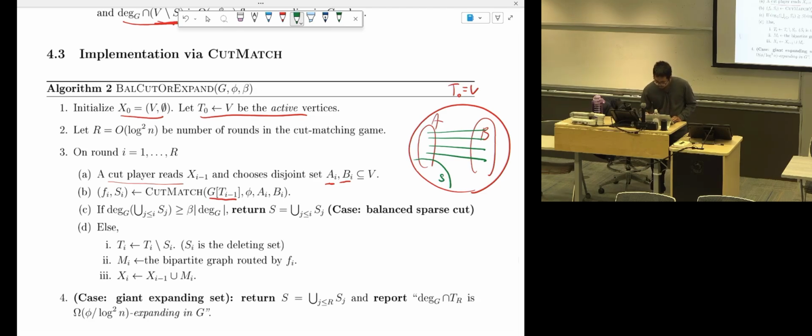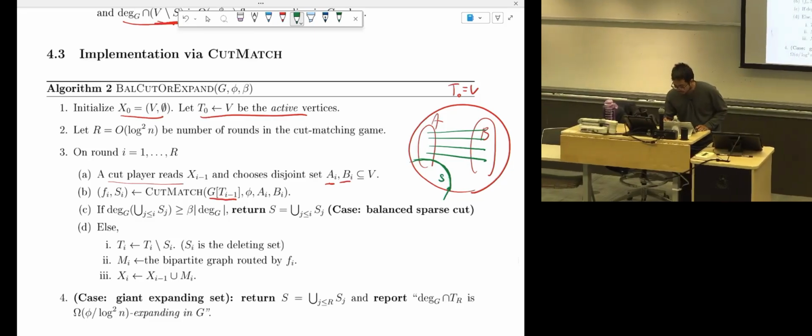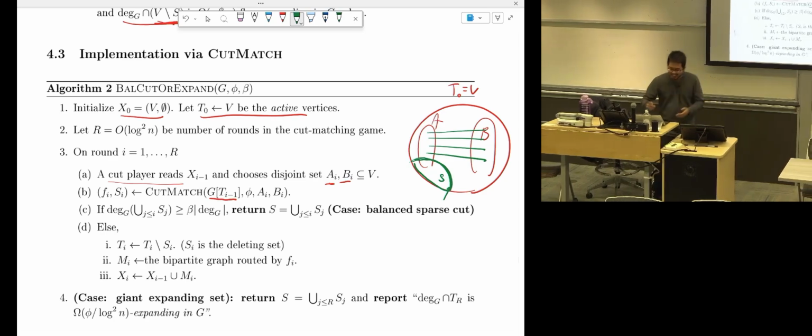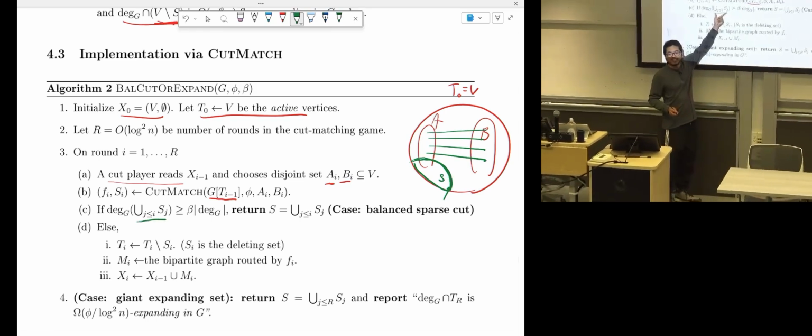This is going to be sparse, right? This is a sparse cut, but this cut might not be balanced. So we basically collect this sparse cut, and we look at the collection of our sparse cuts.